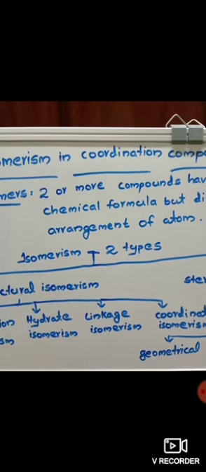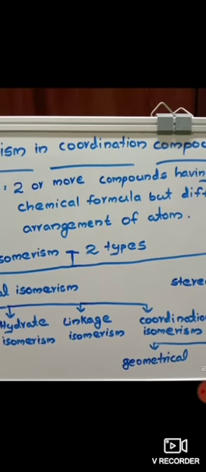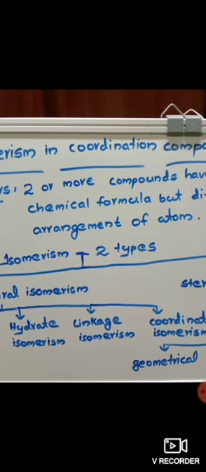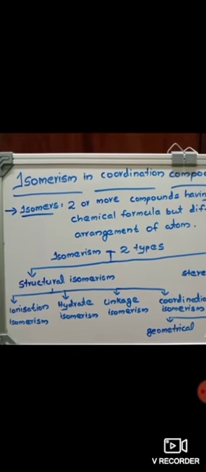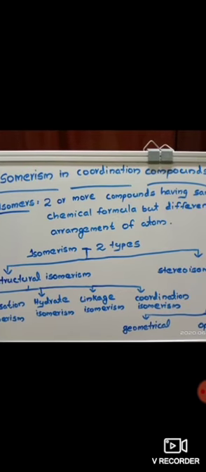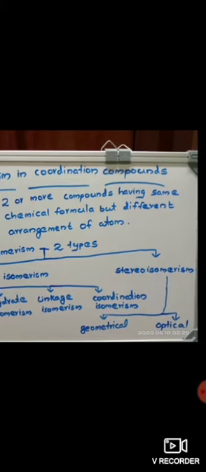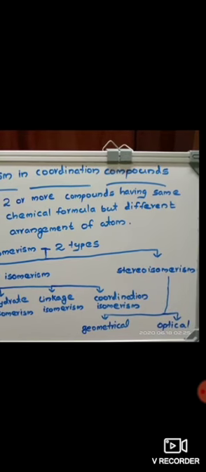So isomerism is of two types, structural isomerism and stereoisomerism. Structural isomerism is of four types, and stereoisomerism is of two types, geometrical isomerism and optical isomerism.